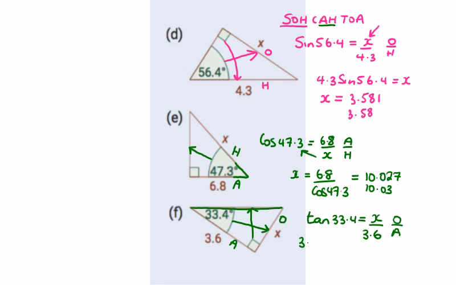Unlike the first one, we multiply by 3.6 to get 3.6 tan 33.4. And on a calculator this gives 2.373, so 2.37, correct to 2 decimal places.